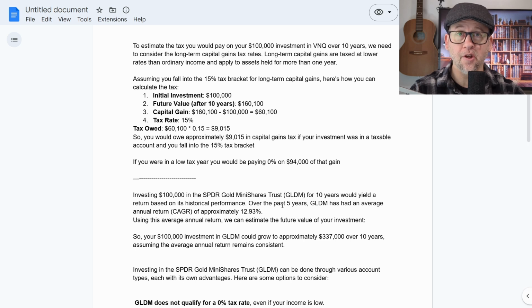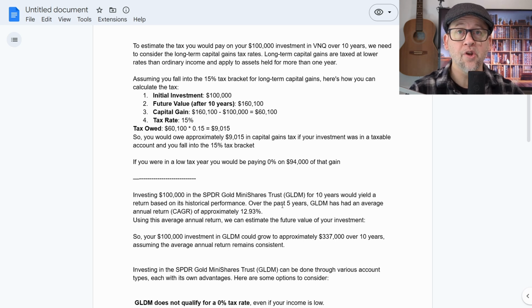Future value after 10 years, $160,000. Capital gains, $60,000. Tax rate, 15%. Tax owed, $60,000 times 0.15 equals $9,000. So you would owe approximately $9,000 in capital gains tax if your investment was in a taxable account and you fall inside the 15% tax bracket.